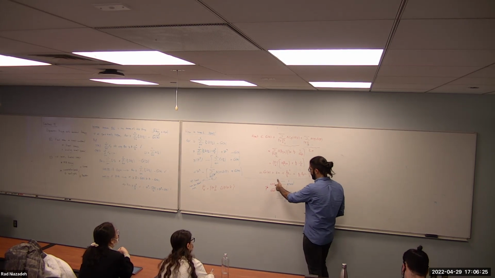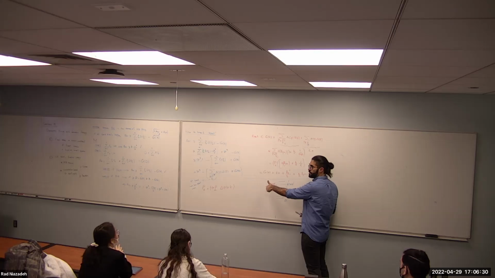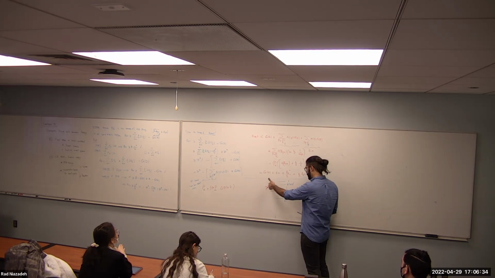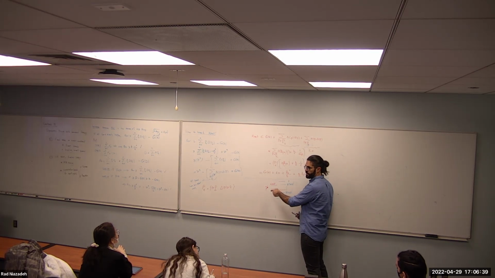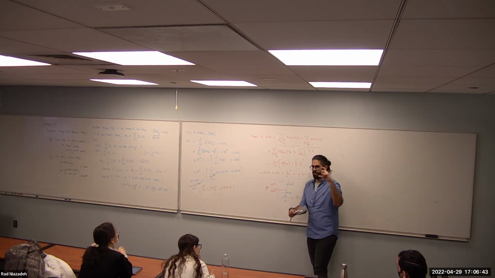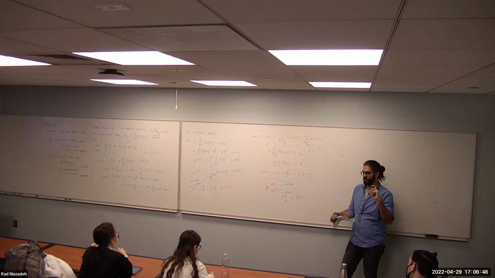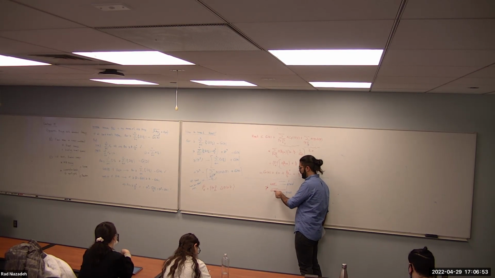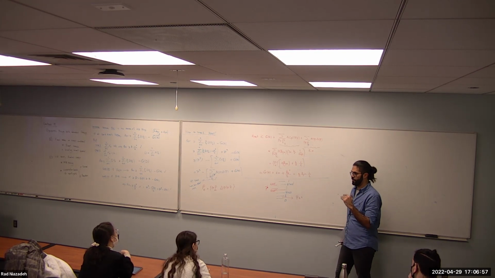So I claim if it is between two of these prices, then the revenue you get from P star is at most the revenue you could get from the lower price if you multiply that by 1 plus delta. Because you look at two prices that are not far from each other, by a factor of 1 plus delta. So if anything was accepted by P star T, it's going to be accepted by the lower price, but only at a slightly lower revenue, by a factor of 1 plus delta.